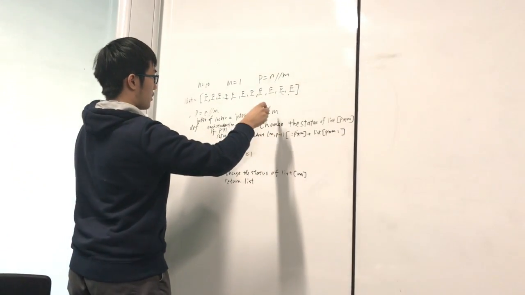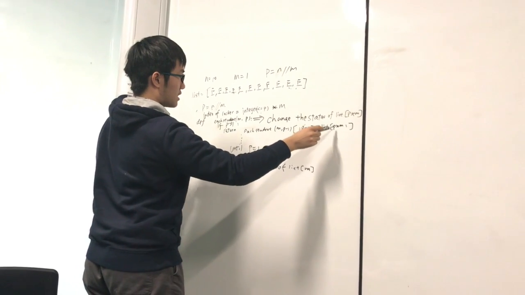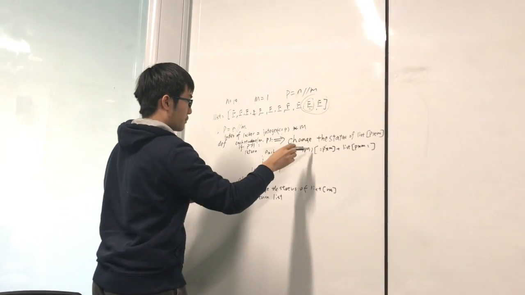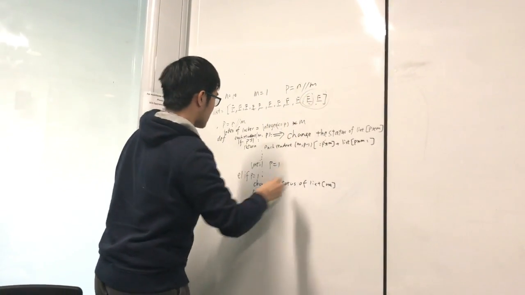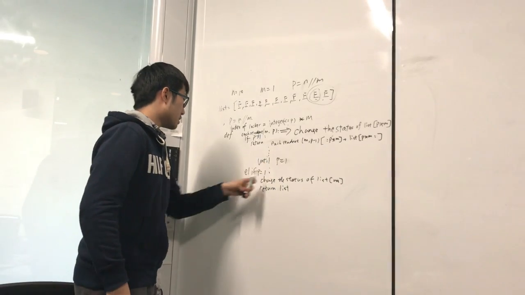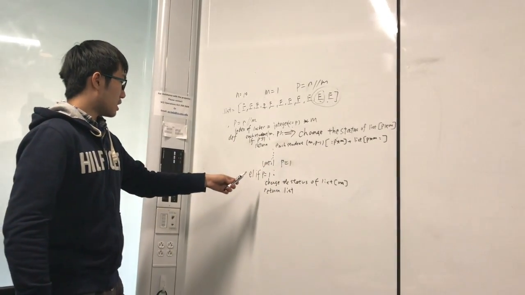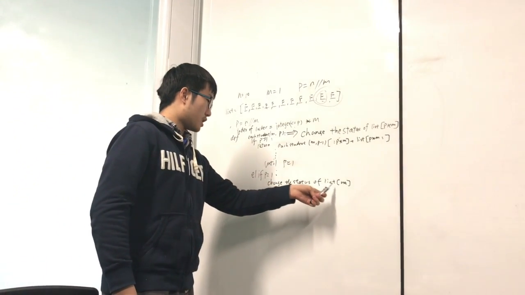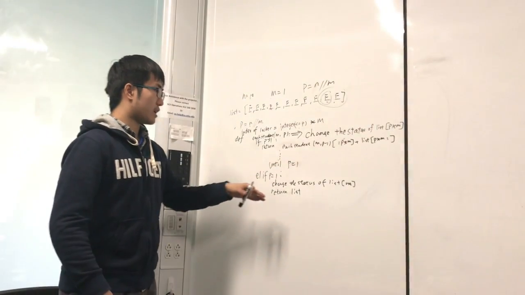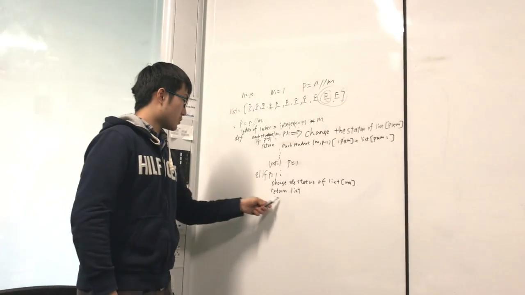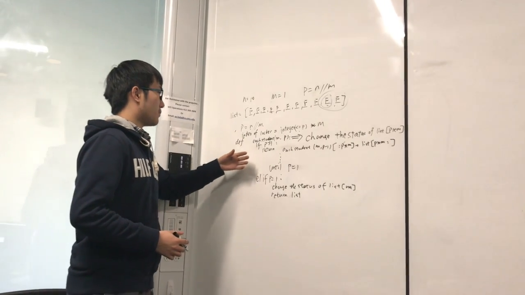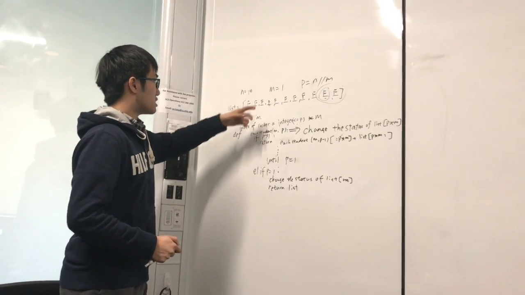If we change the status of this locker, all the lockers in this part won't change because p minus 1 won't change this part of lockers. So we just call the function again until p equals 1. If p equals 1, we change the status of the list at the index of m. Then we do not have to change any other locker status, so we can just return the list. In this way, we return the final list which has been changed by student m.